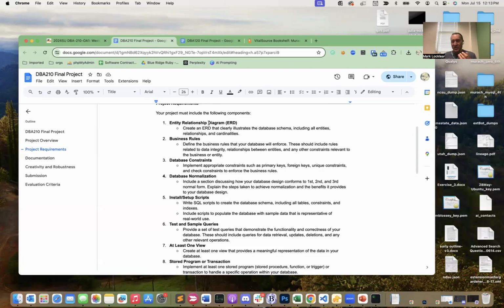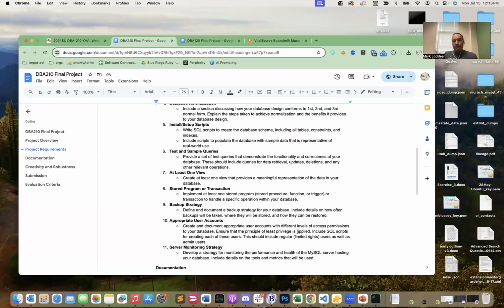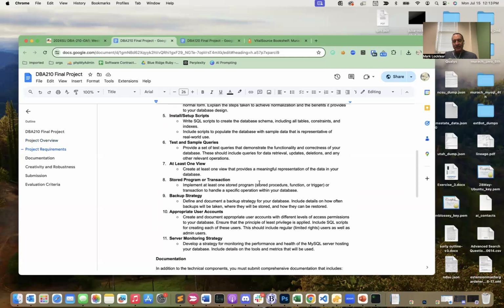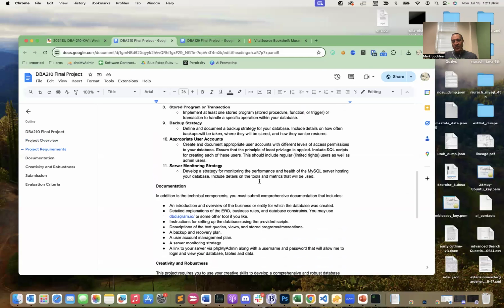The technical folks are going to gravitate toward the entity relationship diagrams, the database constraints, database normalization, maybe the setup scripts, the more technical stuff. The non-technical folks are going to gravitate toward the business rules, the business narrative, other things like that. So that's all I'll say about that.